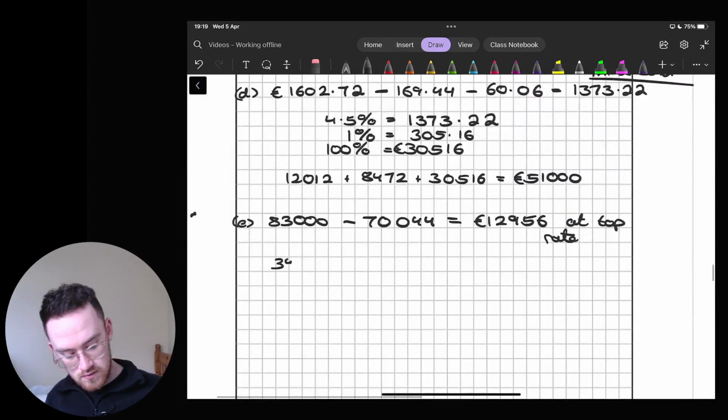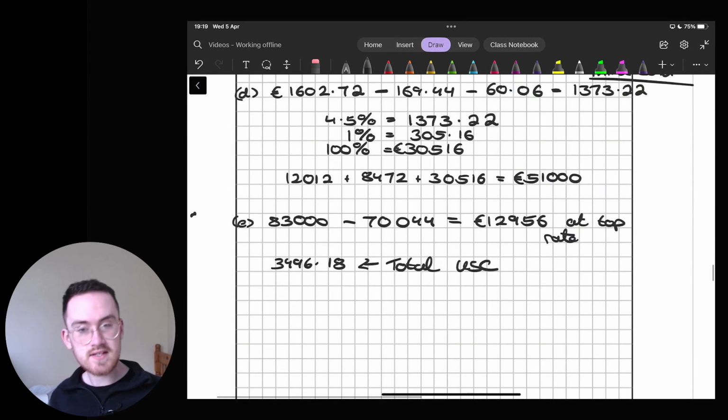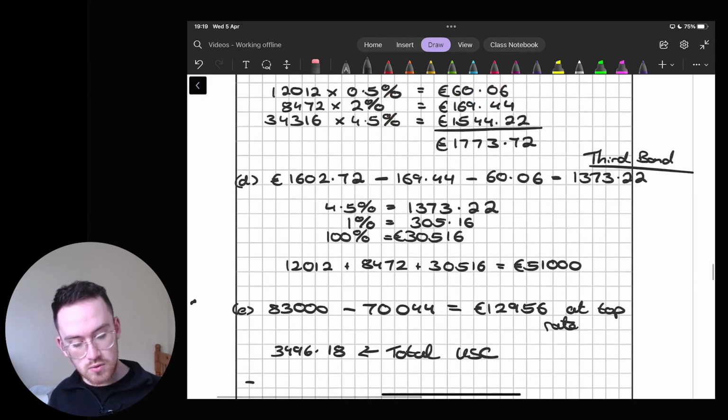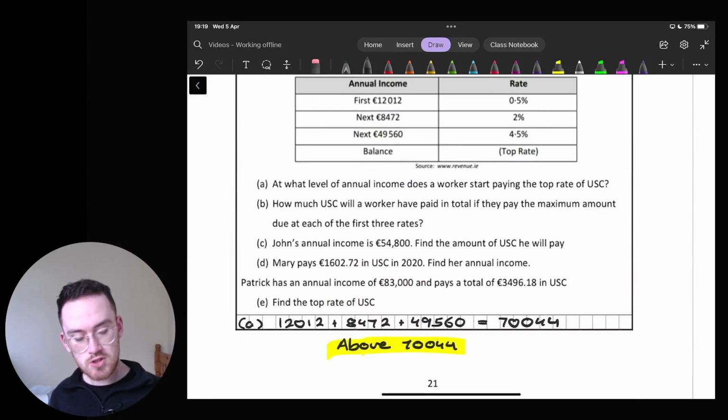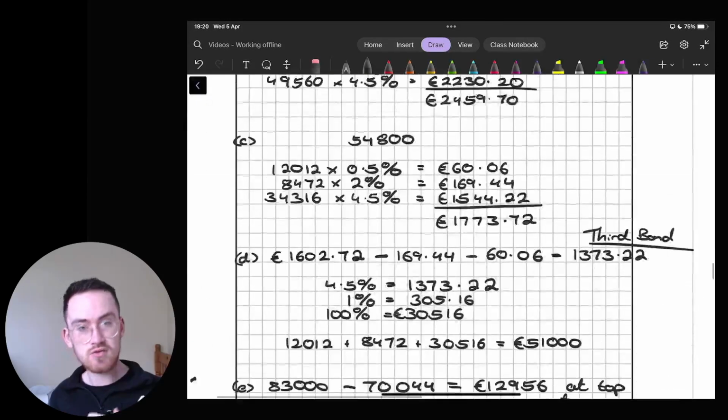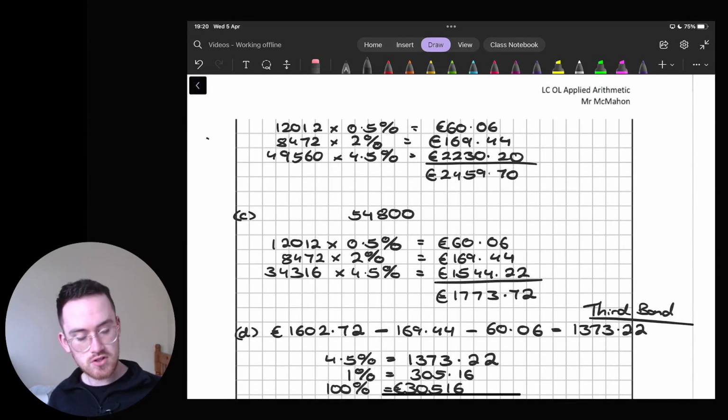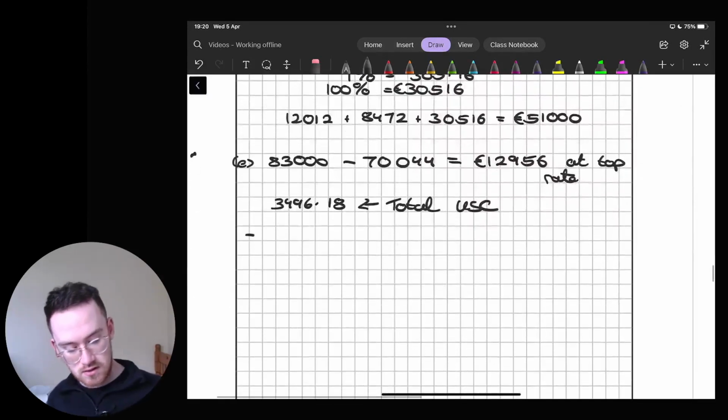We also know that the total is 3,496.18. So that's my total USC. Let's take away the total amount that we worked out in part B, which was how much USC somebody pays if they've paid through all the first three. So that was the 2,459.70.